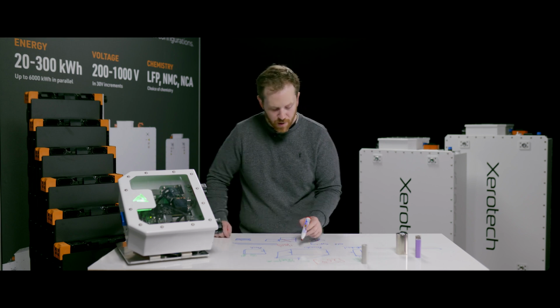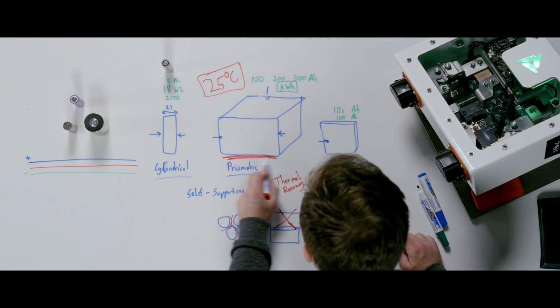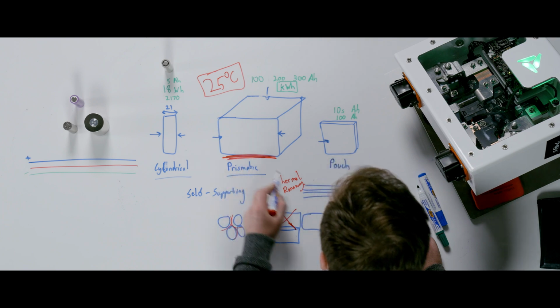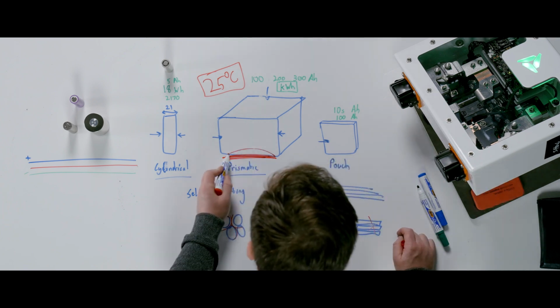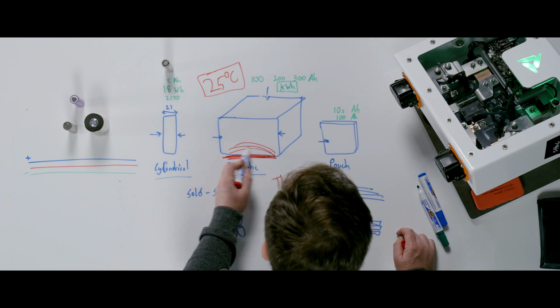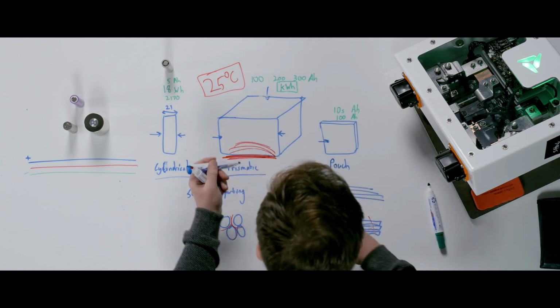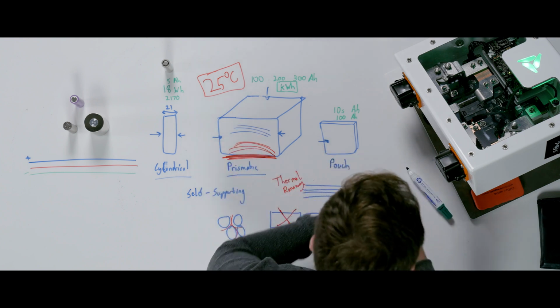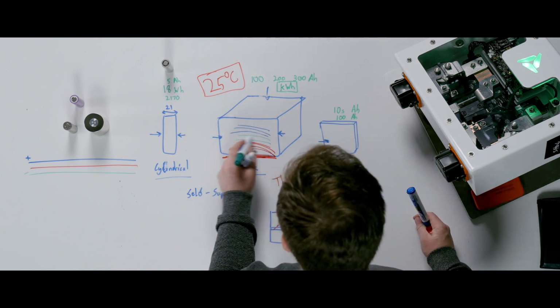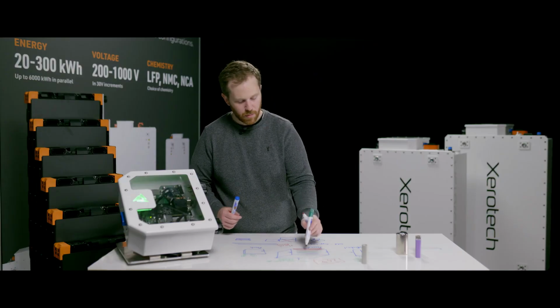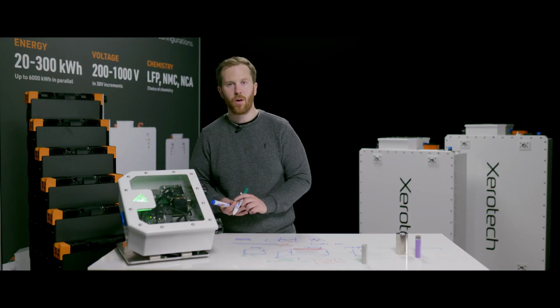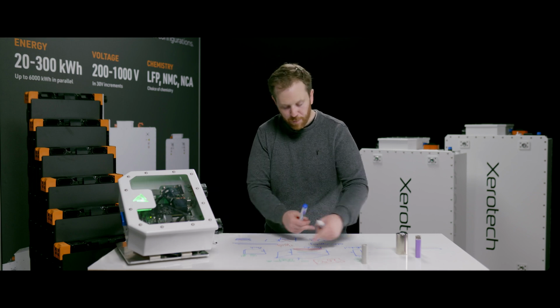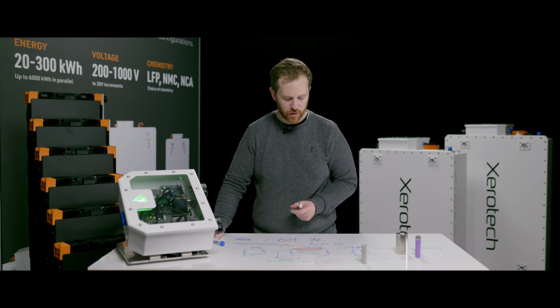So if you've got a really big battery cell and you've got it on a warm plate here or a cold plate to heat it, it's going to heat it in a gradient pattern like this, but you're going to end up with a temperature gradient across the pack that while you're heating the bottom of the cell, it's very hot at the bottom, it's lukewarm in the middle, and it's still cold at the top. Or the flip side is exactly the same if you're trying to cool it down.